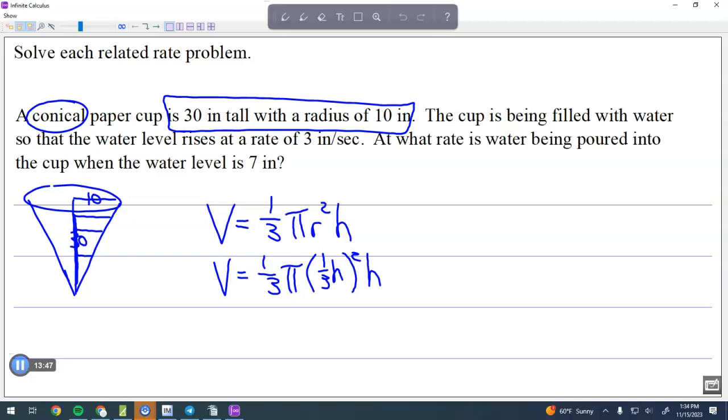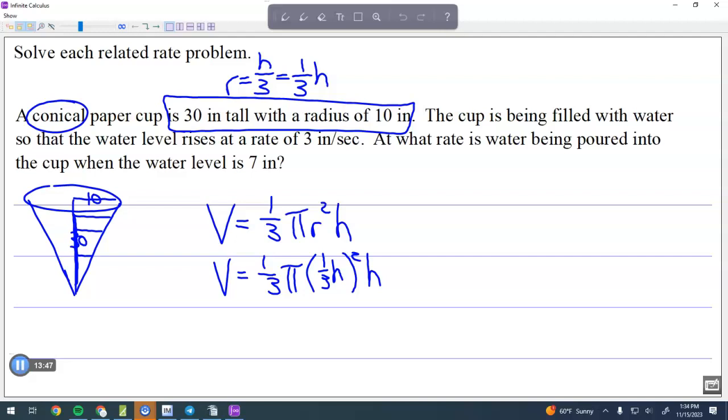So isn't it true, just given this, that the radius is the height divided by 3? Or 1/3 times the height, so the radius is 1/3 of 30. That ratio will stay the same as we're filling up the cone, and they'll usually give you a pretty friendly ratio, it'll be 20 and 10, or 30 and 10, or 40 and 10, they don't go crazy with that. And again, I'm doing that because I've got to use product rule, and I don't want to.